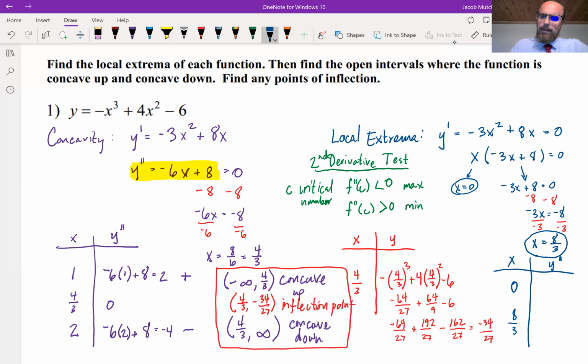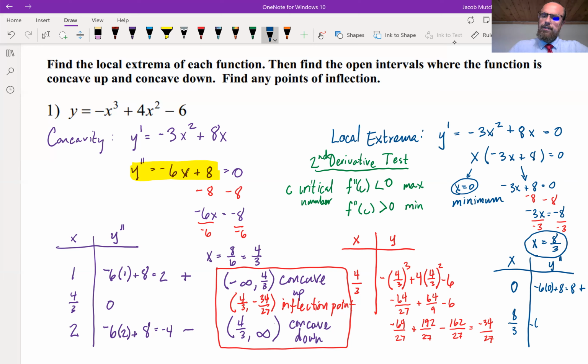So negative 6 times 0 plus 8 is 8. That's a positive value. And so what that says to me is that this point at x equals 0, that's a minimum. We'll find the y value in a moment. So let's determine about this 8/3.